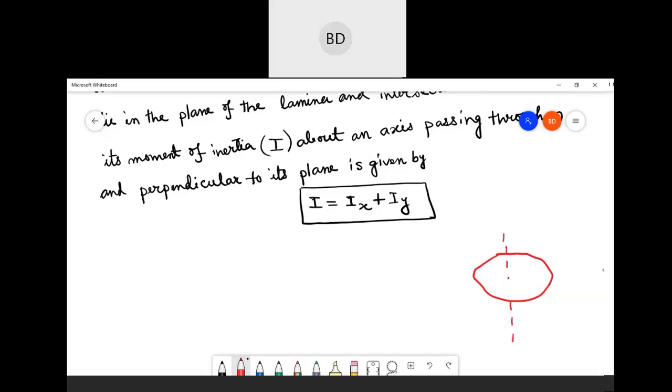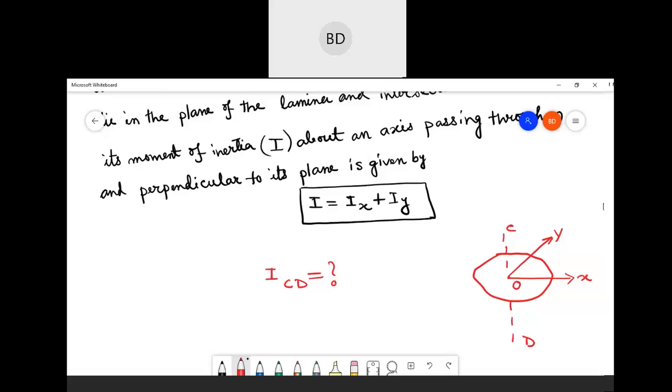Suppose you have to find I about CD. Then what is the procedure? You draw two perpendicular axes, suppose x and y, at the same point through which the axis CD passes. The important point is that CD is the perpendicular axis and x and y are mutually perpendicular, but both of them lie in the plane of the lamina.